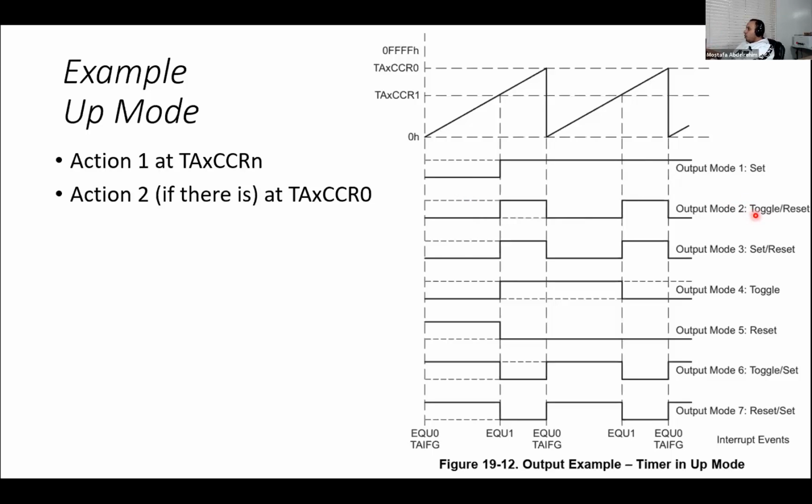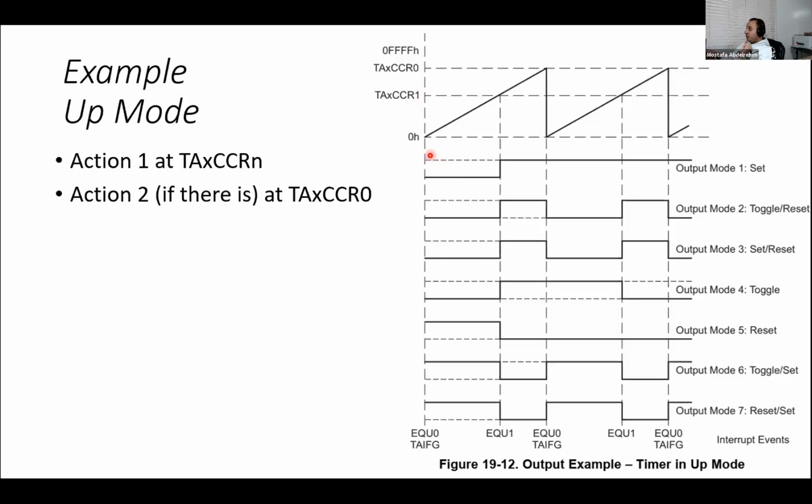Still we are in the up mode, but now toggle reset. So under some condition, you toggle, under another condition, you reset. The first condition, which is the toggling, is tied to the value in this register, TAxCCRn, and as an example here, 1.